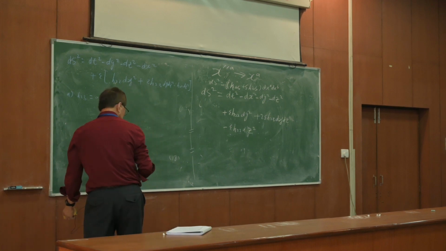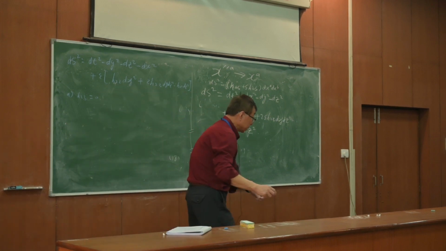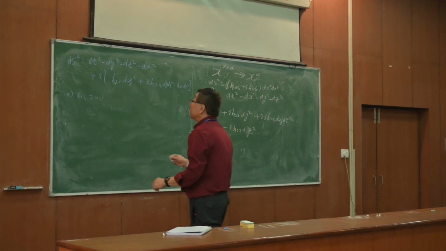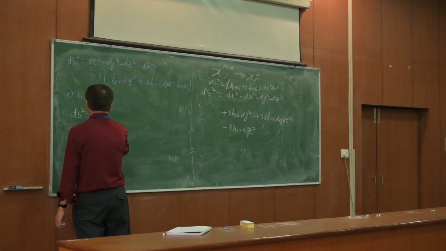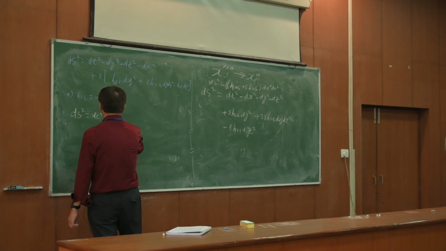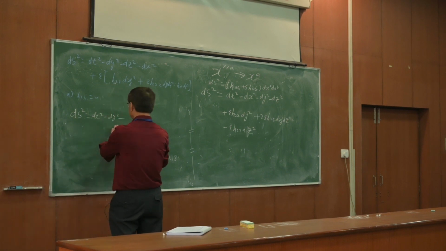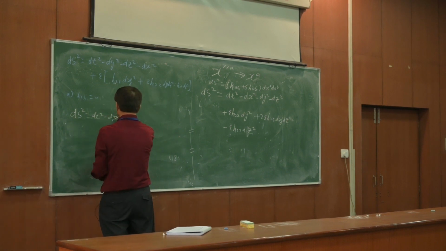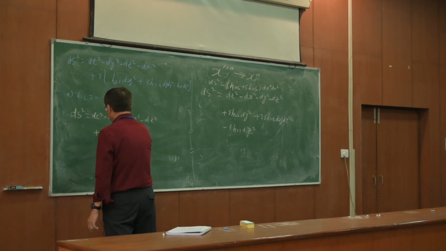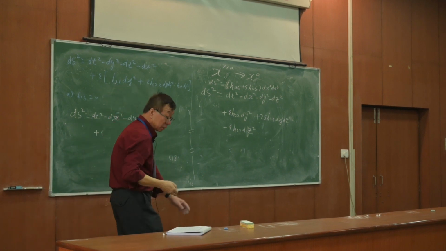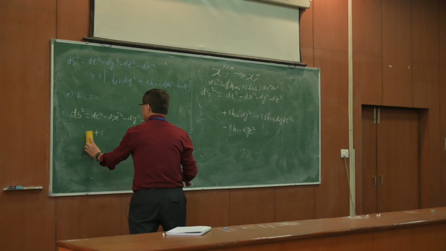In this case, I have actually the space-time ds^2 equals dt squared minus dx squared, let's put the dx squared in front, minus dy squared plus epsilon h_22 dy squared. Well, I just like to put them together.